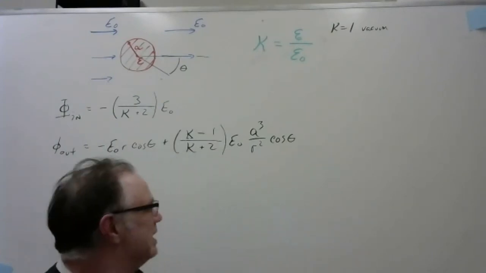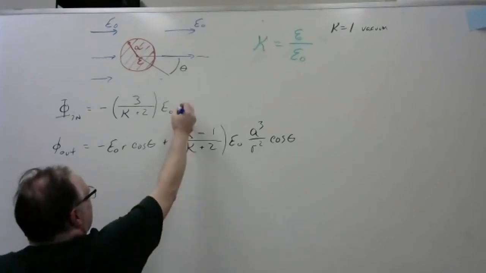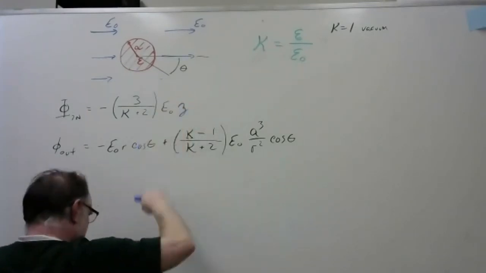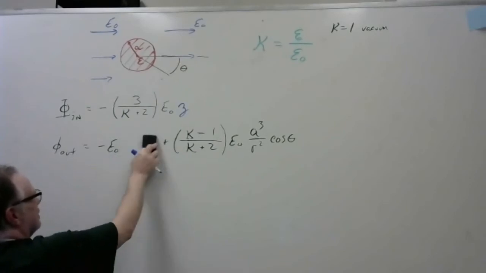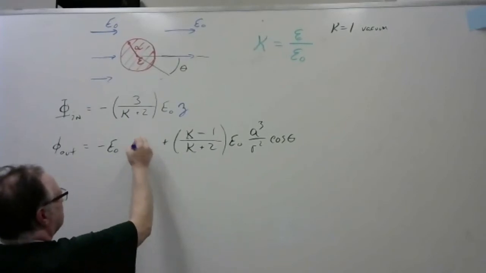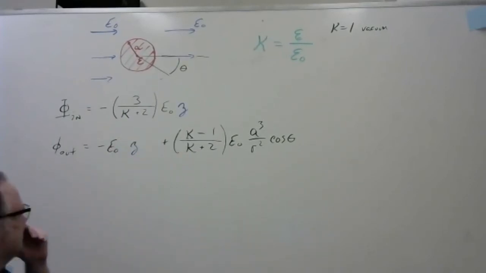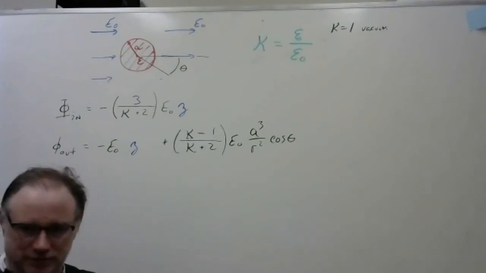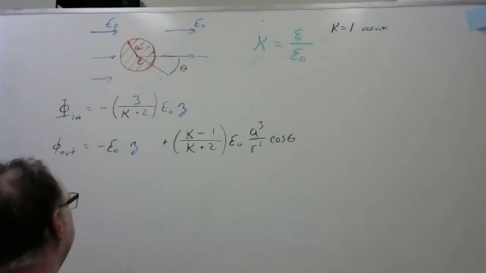That is z. There it is. Hooray. So this is just z, and this is just z here. There's more complicated stuff over there that we can't quite deal with, but it's just E naught z.